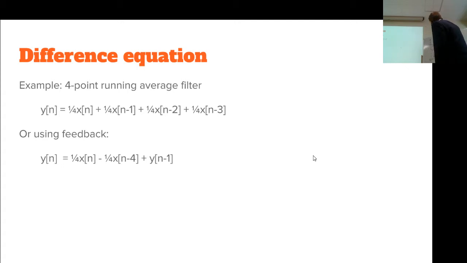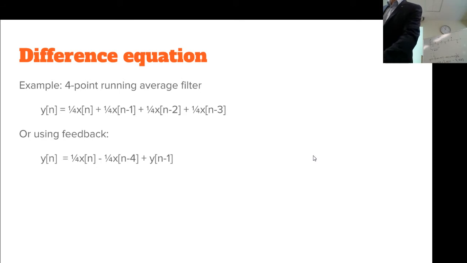You add this data point, and then you lose that data point. And now you have one calculation less using feedback.